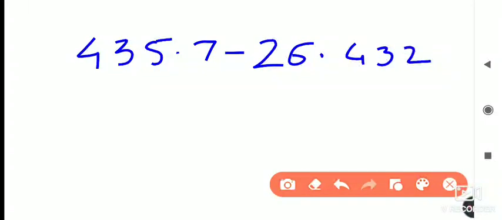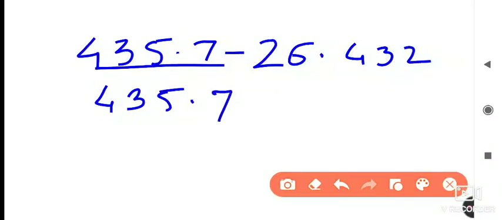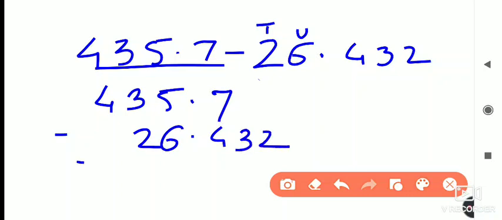So without any confusion, first of all you have to write the first decimal fraction: 435.7. The point will come here, and before the point 26 is there, so write 26 here, keeping the 400's place as it is, because it is the tens place and the units place. So here 26.432. Now I have to do the subtraction of both.